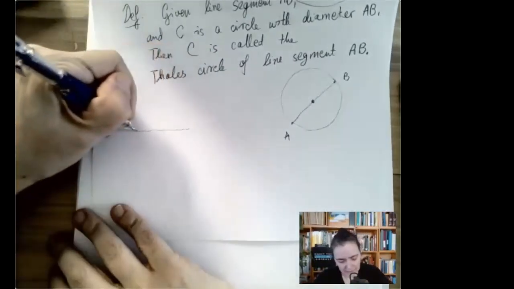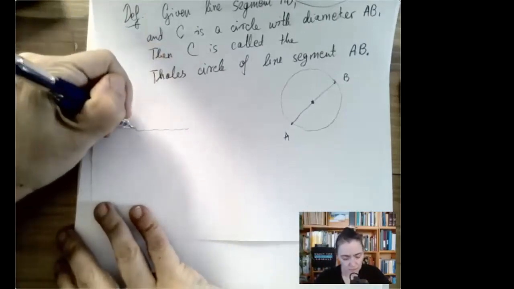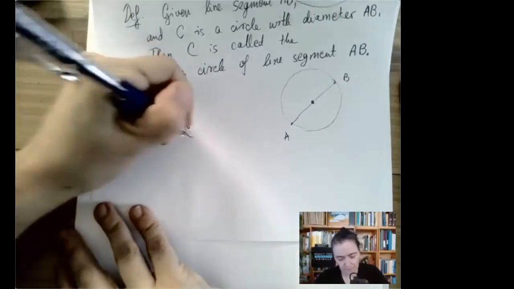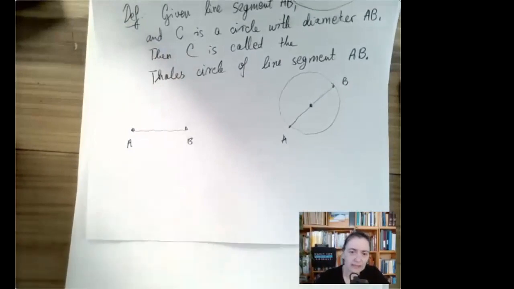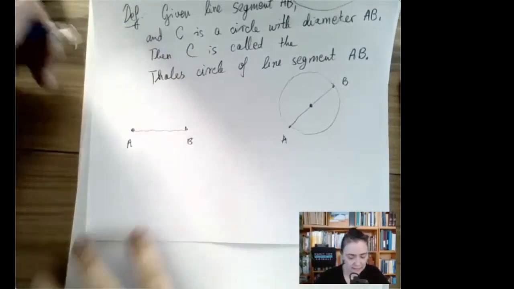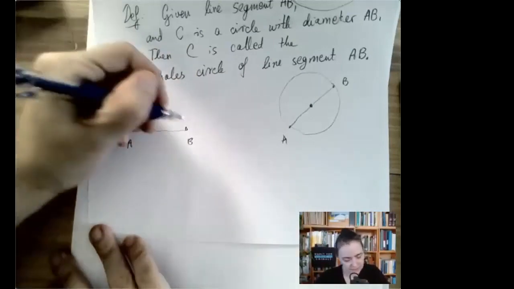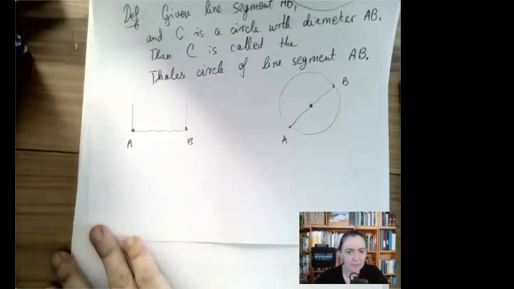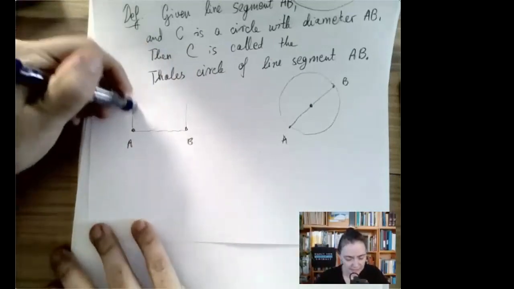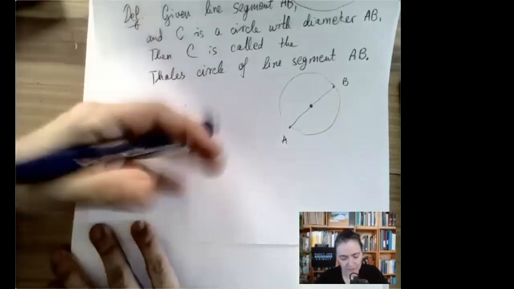Well, let's see what Thales' theorem will address. Suppose you have a line segment AB, and you want this to be a side of a right triangle. Well, which side? If you want the right angle at A, that's easy, done. If you want the right angle at B, that's easy, done. But what if you want the right angle at C? What if we want this to be the hypotenuse?